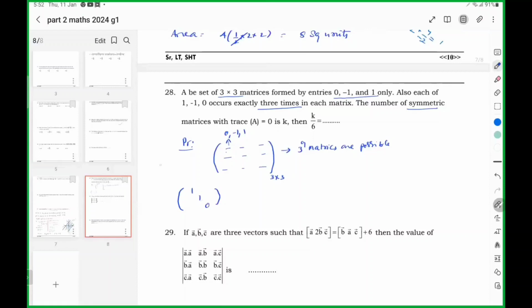Suppose if I fill like this, since it is symmetric means A transpose must be A. Now if I fill diagonal with these entries, each number has to come 3 times. If I take one here, one more one is required.